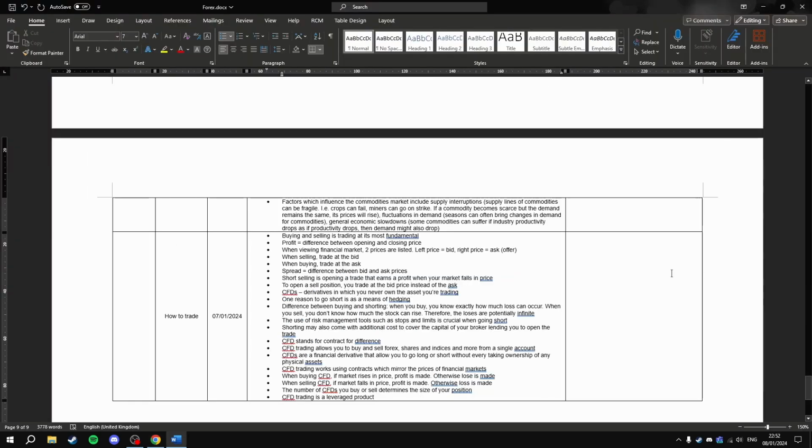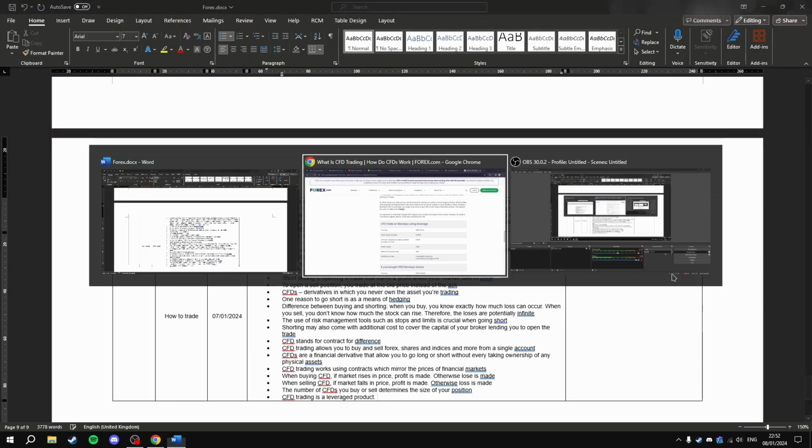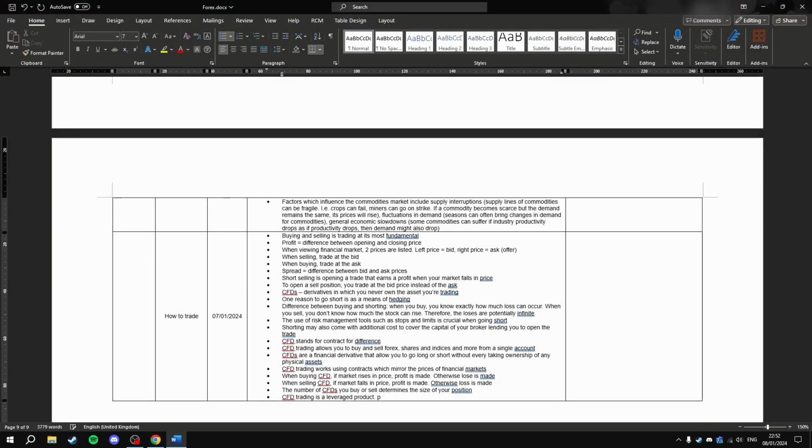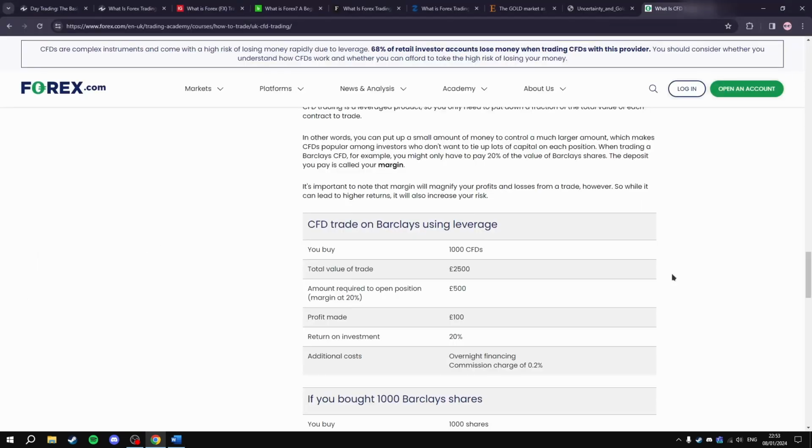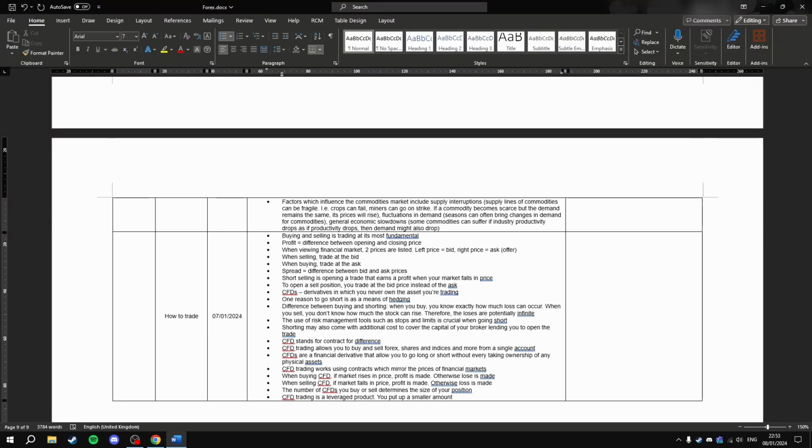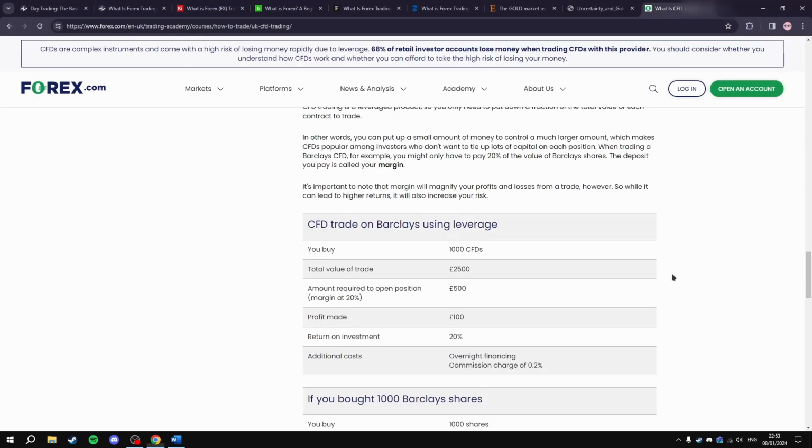So you put up a smaller amount to control a larger amount of money.